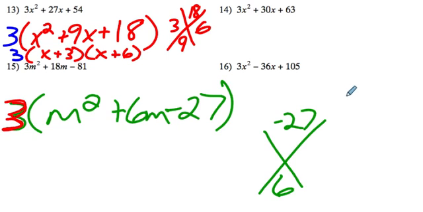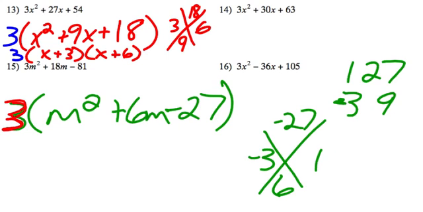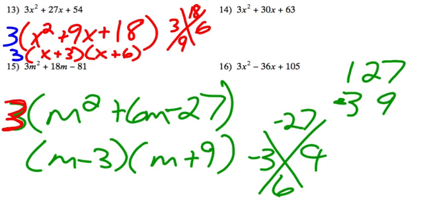One of the numbers needs to be negative, but when we add them, it results in a positive number. So I'm going to make the negative go with the smaller number. So negative 3, positive 9. So m minus 3, m plus 9, and that GCF of 3, which is like a coefficient now because it's a multiplier in front, goes out in front. So here's our final answer.